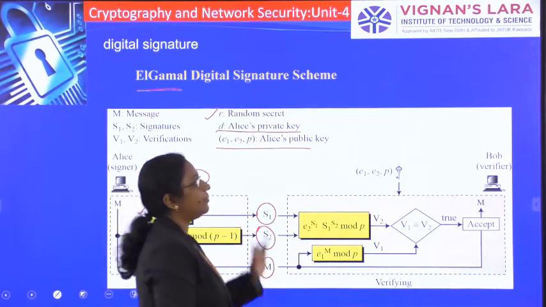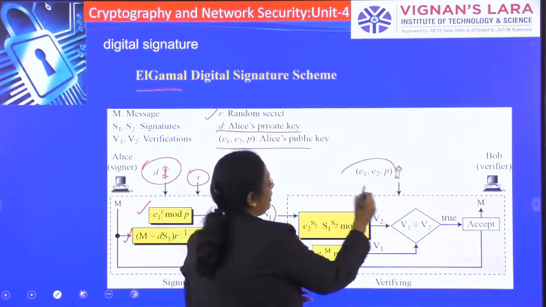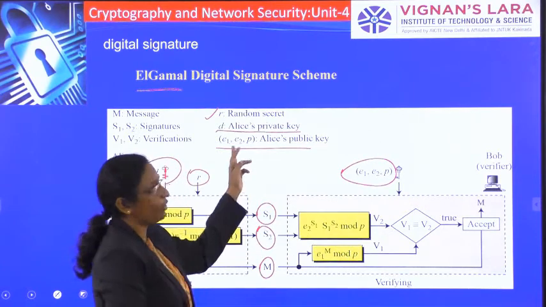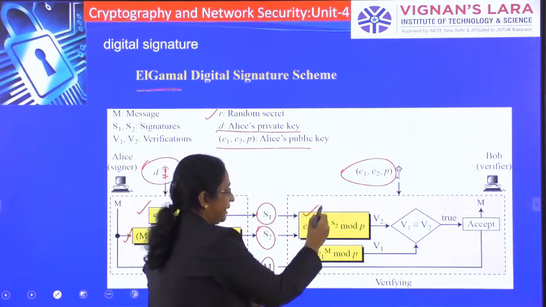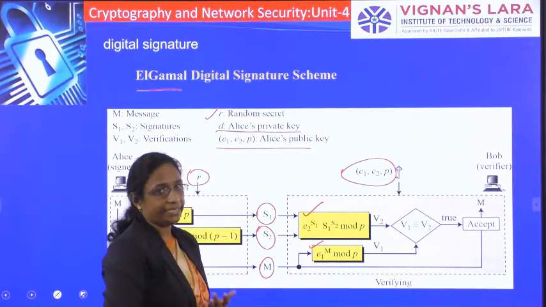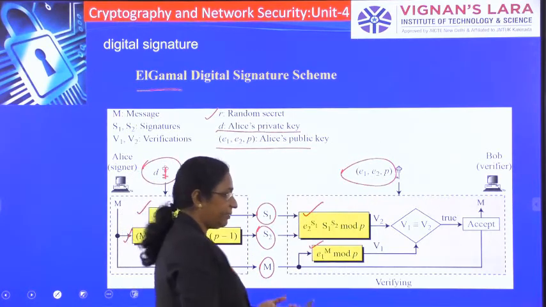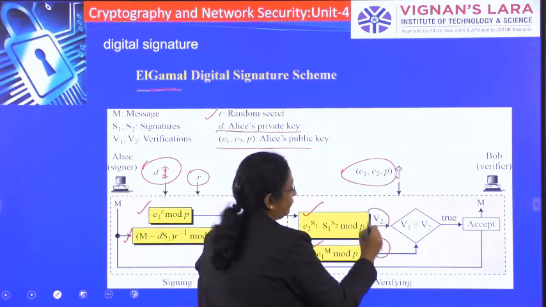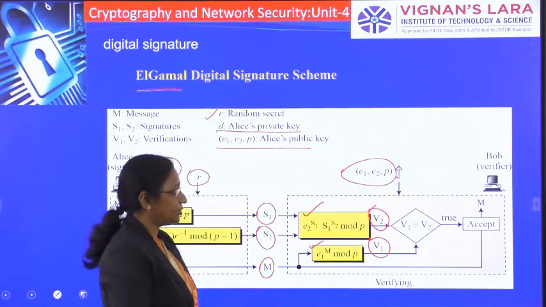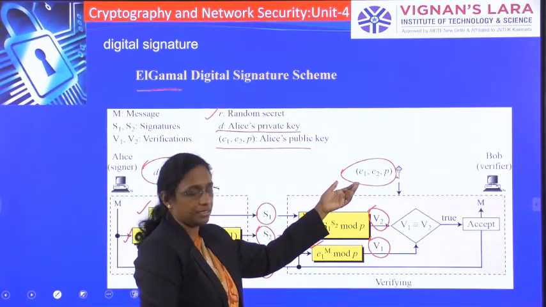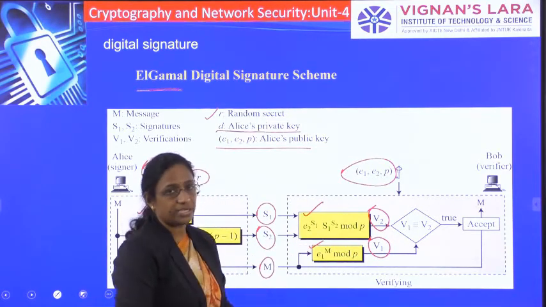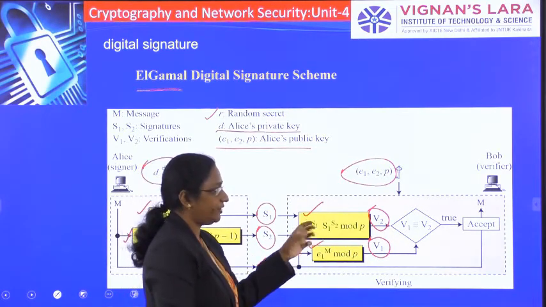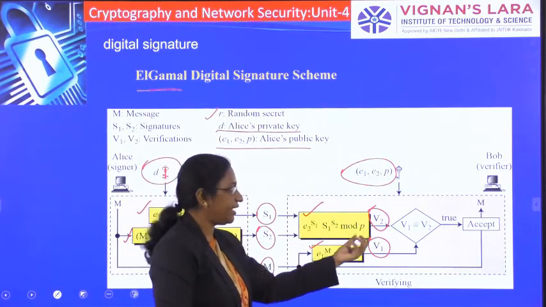Bob uses the public key of Alice, and applying these two functions, he gets two values, V1 and V2.